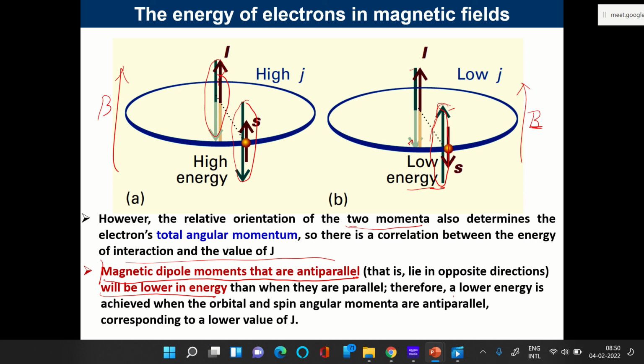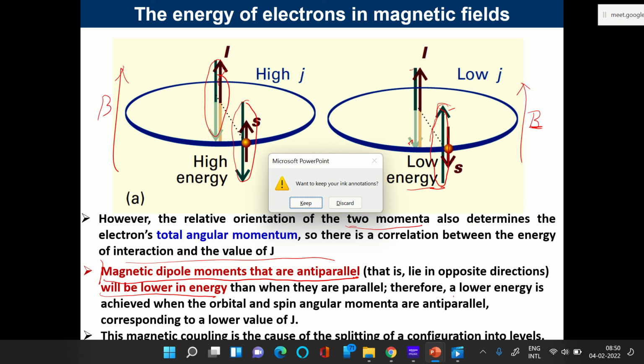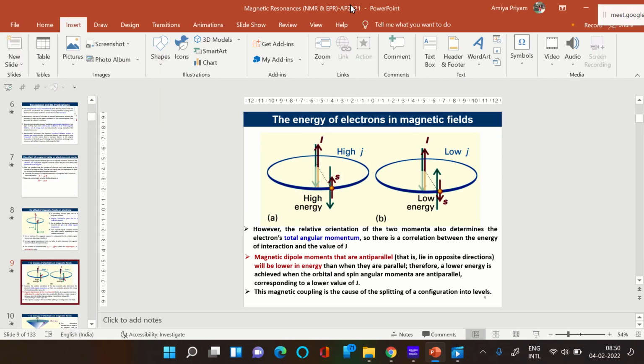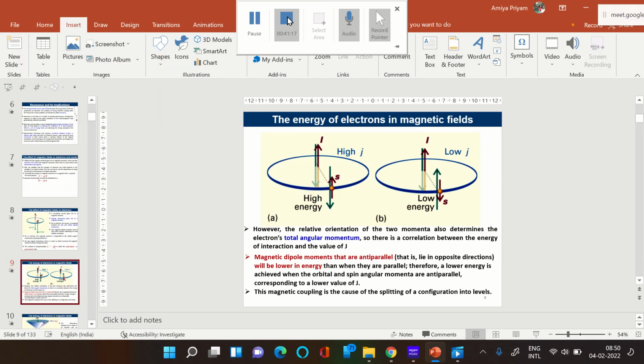And with a high value of j, when both are pointing in the same direction, you have high energy. So this is the reason for the splitting of the energy levels that you see in a typical spectrum.